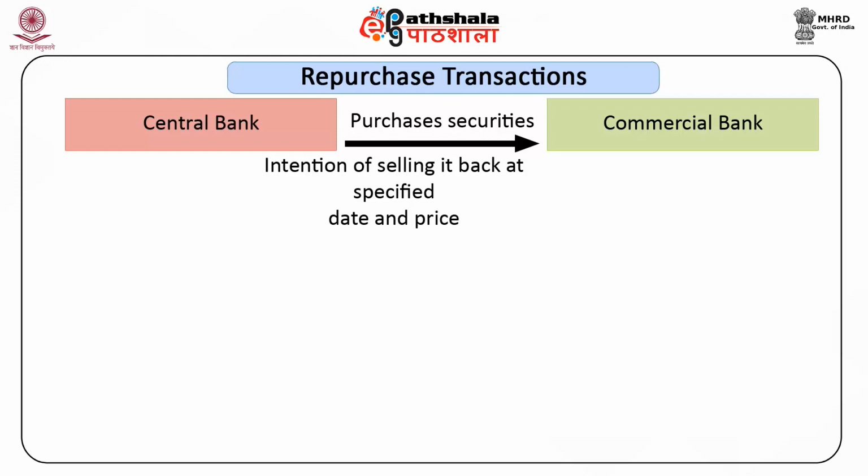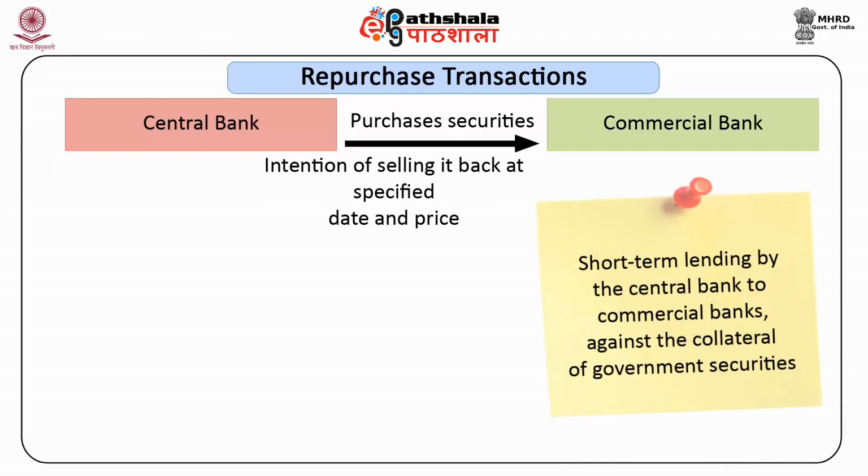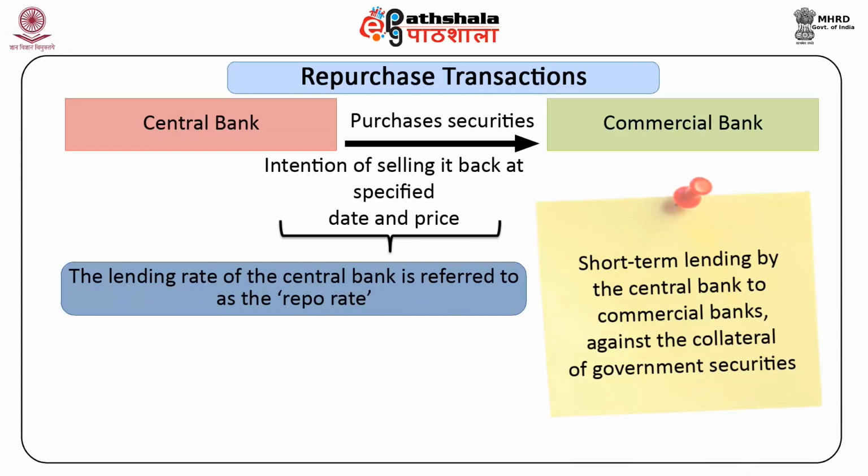This is a form of short term lending by the central bank to commercial banks against the collateral of government securities. The lending rate of the central bank, or the rate at which central bank is buying securities, in this case is referred to as the repo rate.